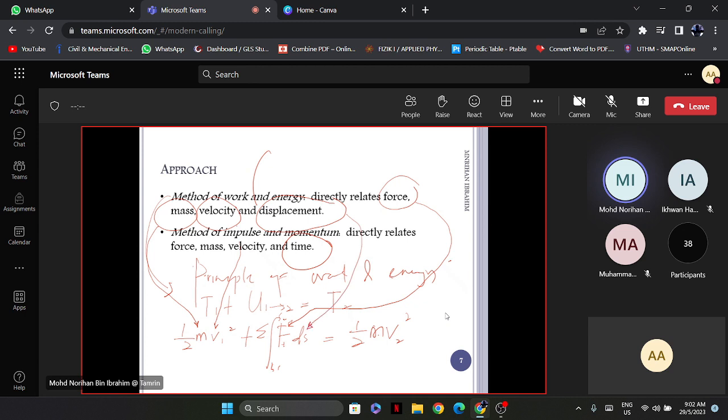So this is concerned about the principle of work and energy. It involves mass, velocity, force, and also displacement.